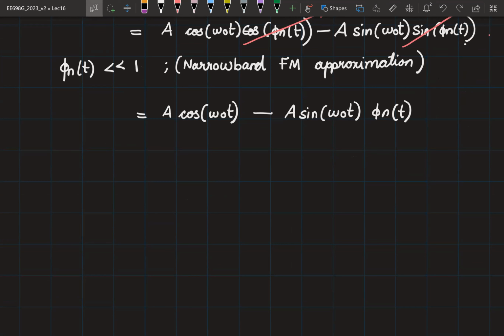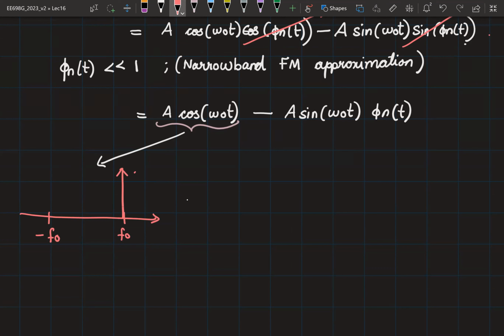Let's look at the PSD of these two. Right? So this one is very straightforward. So at f0 and at minus f0, you would have A square by 4 and A square by 4. Okay. Let's say phi n of t has some S phi of f, and it is given by a function like this.